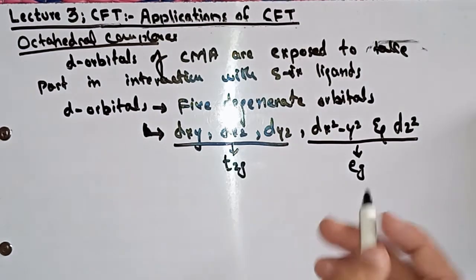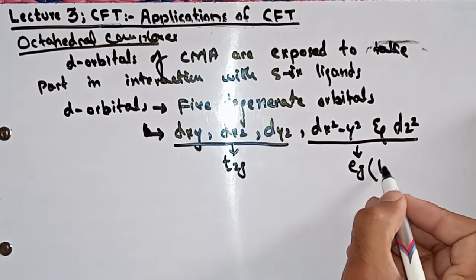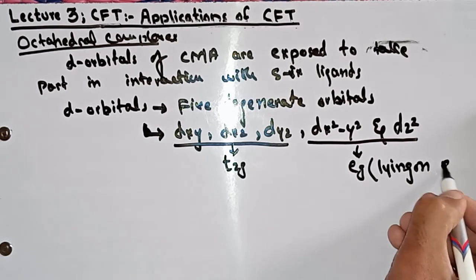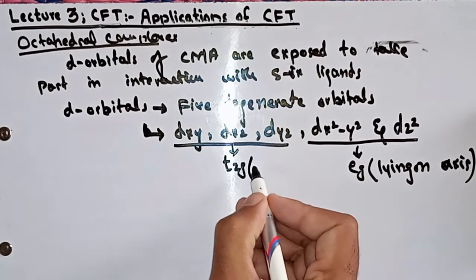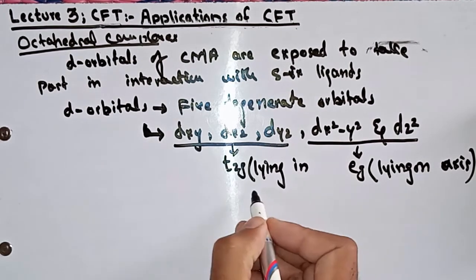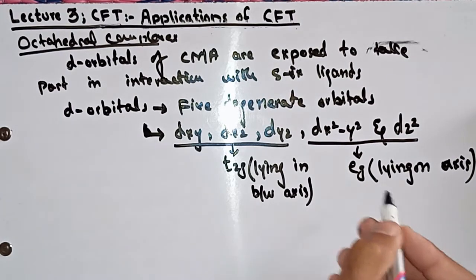I already told you that the eg orbitals lie on the axes, while the t2g orbitals lie in between the axes. Is it clear?